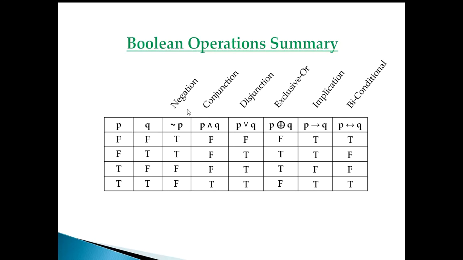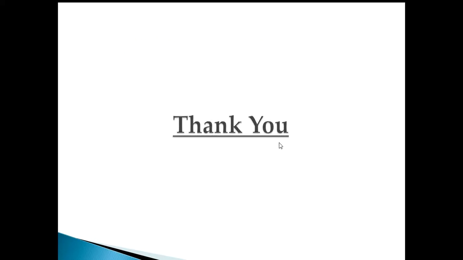This is the summary of all the connectives that we studied earlier, that is, the truth tables of these. So you have to remember these truth tables, and by these we can find the truth tables of compound statements. Clear? So today's lecture is completed now.